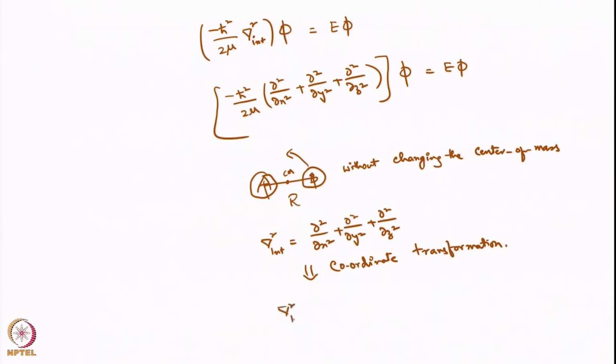Wherein the del square internal can be written as d square by dr square plus 2 by r d by dr minus L square by r square h bar square.